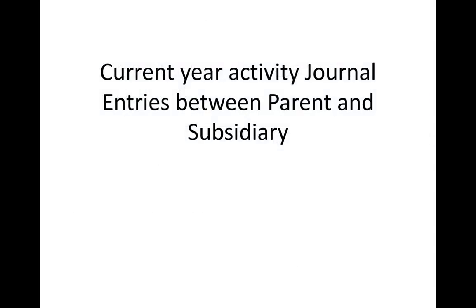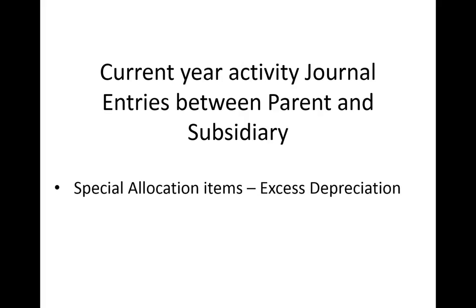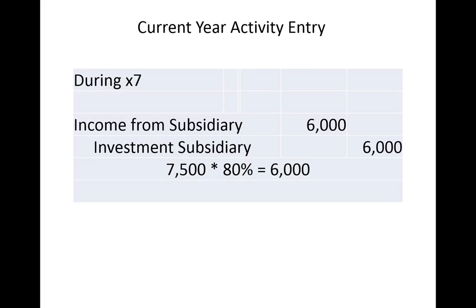So what we'll do in the current year under the equity method of accounting is we're going to reduce income from the sub by $7,500 times our ownership percentage. So remember, a debit is going to increase an expense which will lower net income. Remember, we haven't taken enough depreciation. So we're going to take $7,500 times our ownership percentage of 80%, and we're going to do it to the tune of $6,000.